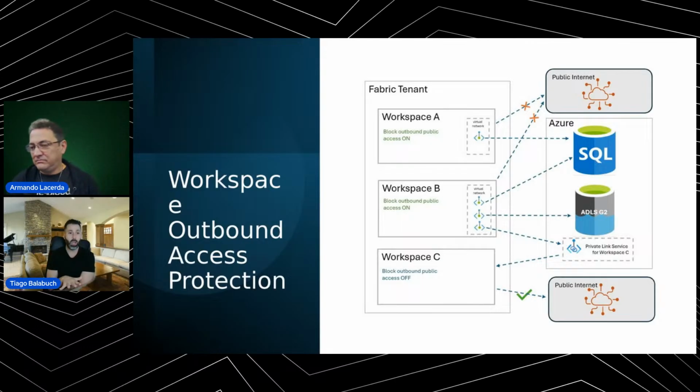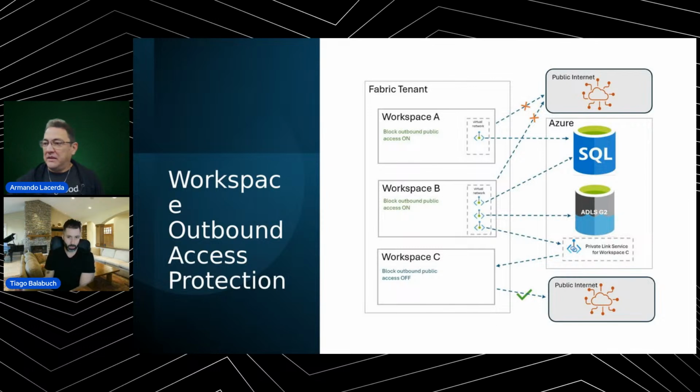This is another feature that customers wanted a lot. With OAP, you can now block your data from being shared outside of the workspace, or your data will only leave the workspace if you allow those services.